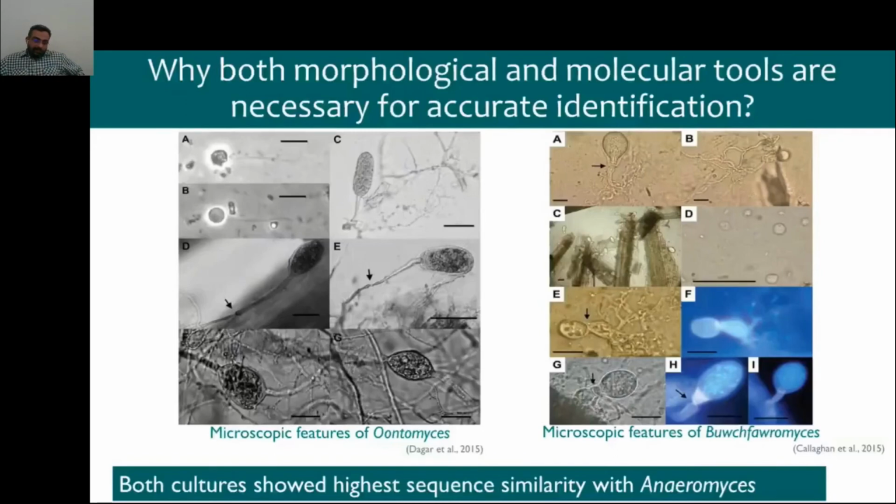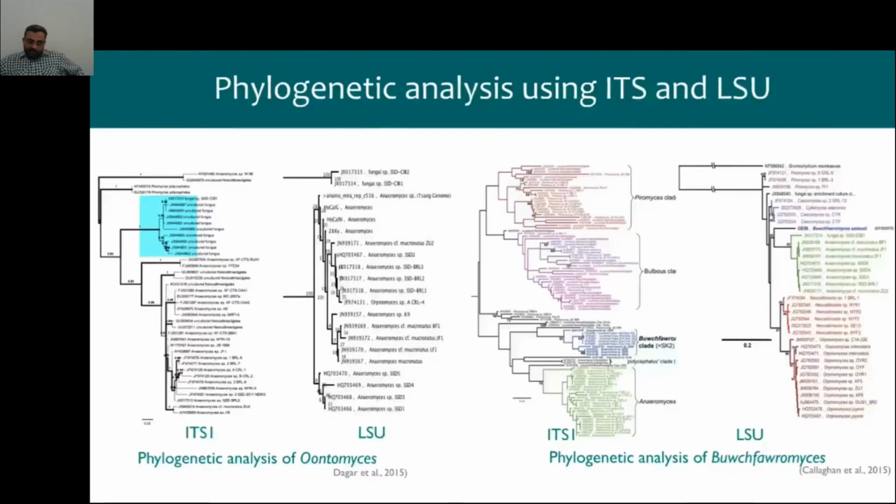Now, even though Anaeromyces is also uniflagellate, there is a clear difference in their development type, which is monocentric, whereas Anaeromyces is polycentric. So this clearly told us that they are distinct genera, nothing related to either Piromyces or Anaeromyces.